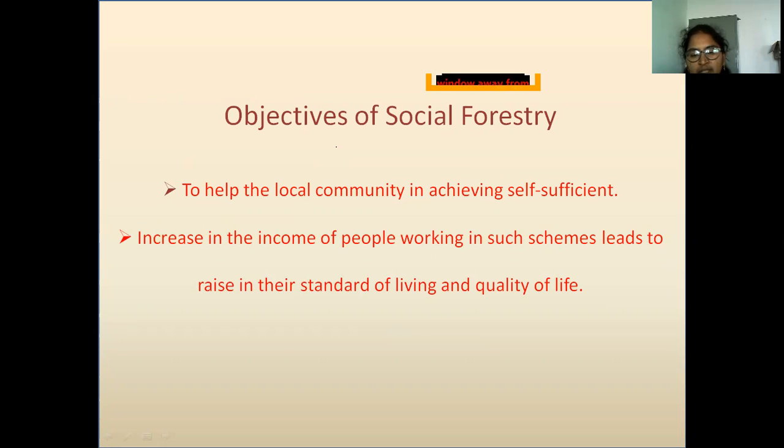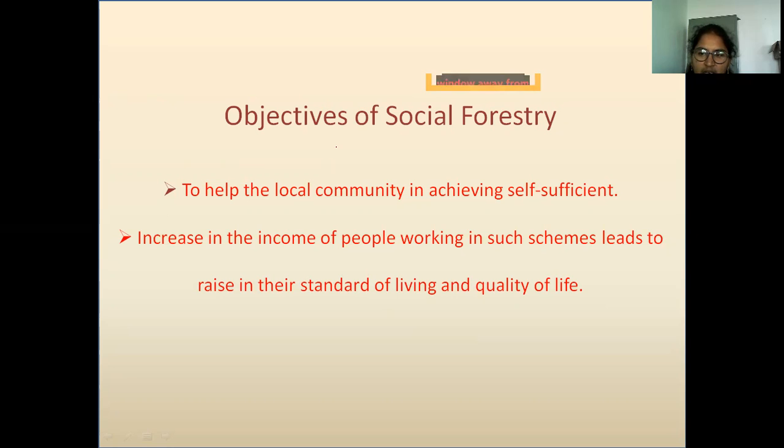Social forestry refers to community forestry development on unutilized common land or community owned land to produce timber that helps the local underprivileged people.